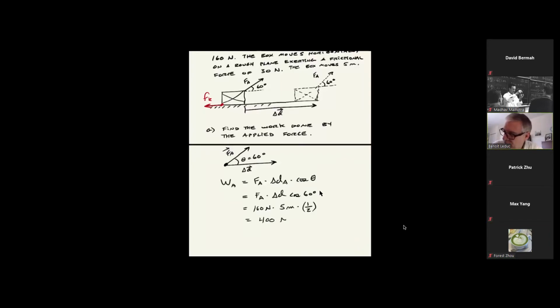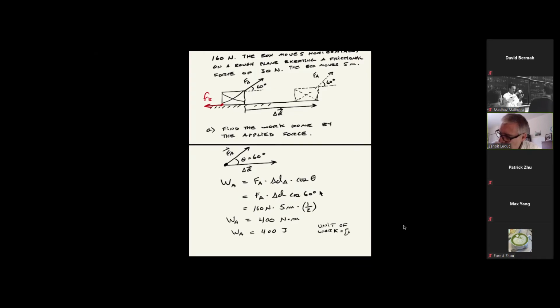400. Now you notice here it's Newton meter. Well, Newton meter is nothing else but joule. So the unit of work is the same unit as that of energy, and it's not a coincidence. We're going to find out a little bit later why, okay? So the unit of work is a joule.